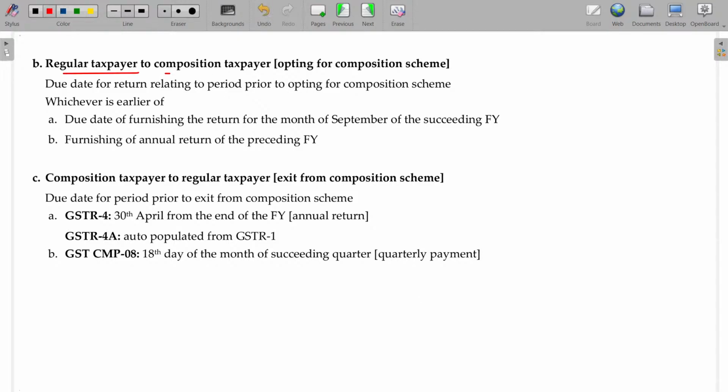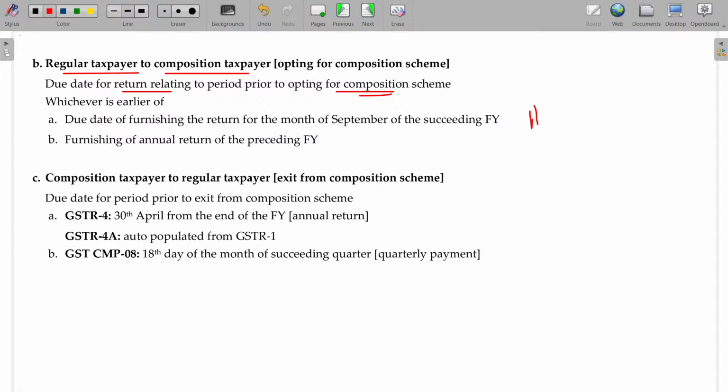Regular taxpayer to composition taxpayer. I was a regular taxpayer. Now I got shifted myself from regular to composition taxpayer. Now, the due date for return relating to the period prior to applying the composition scheme: you have to furnish your regular returns earlier.